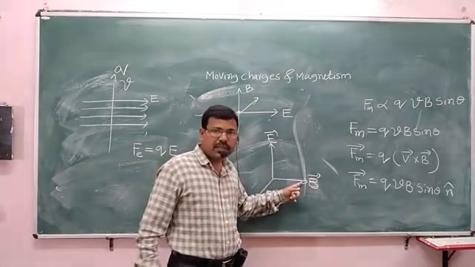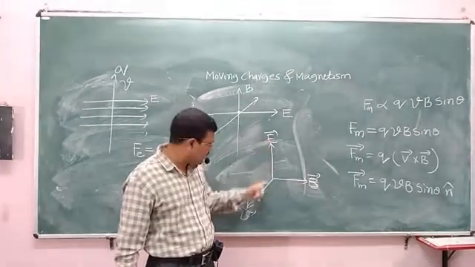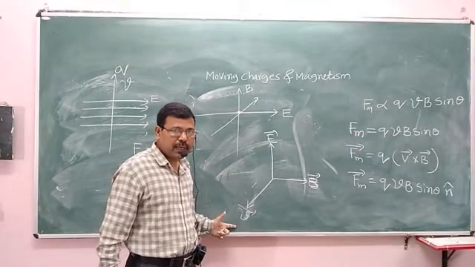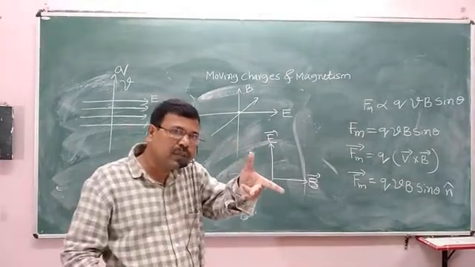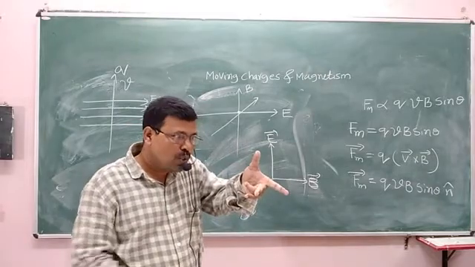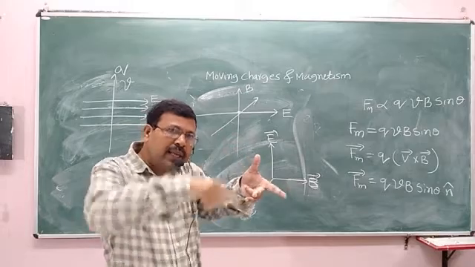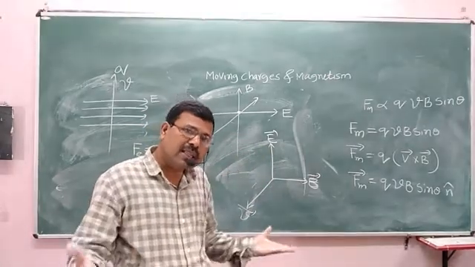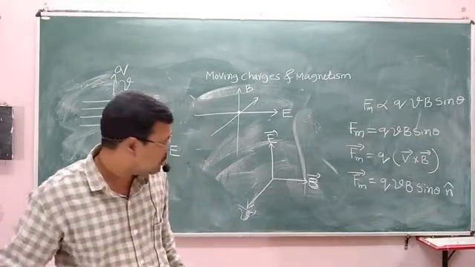This indicates magnetic field, this indicates electric field, this indicates velocity of the charged particle. All three are mutually perpendicular to each other. So, a charged particle is moving in a crossed electric and magnetic field. Then this charged particle experiences both forces.